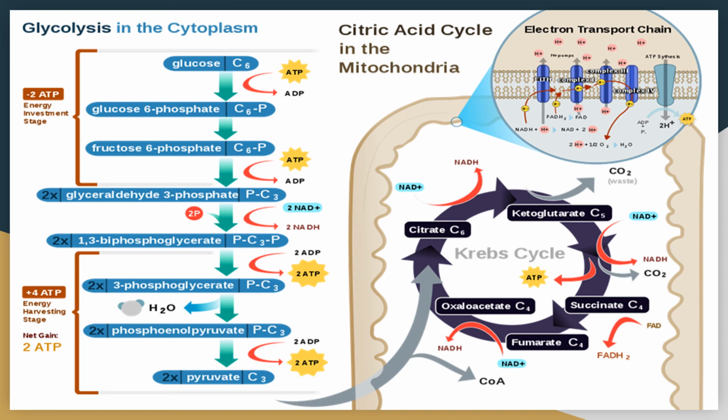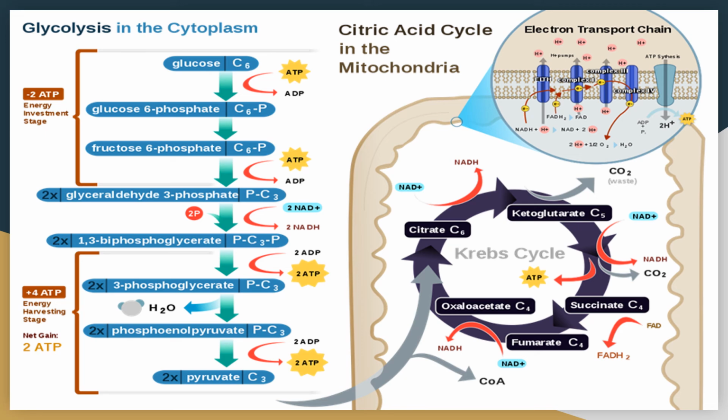So glycolysis, I'm just going to add a few notes that I got from watching the video. Glycolysis is anaerobic. It does not require any oxygen. In glycolysis, you're breaking up the glucose.